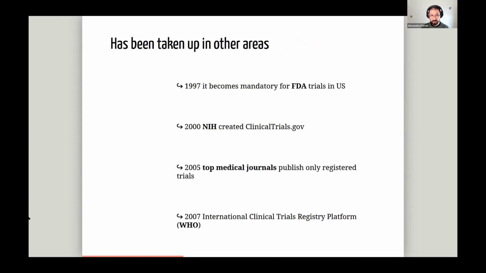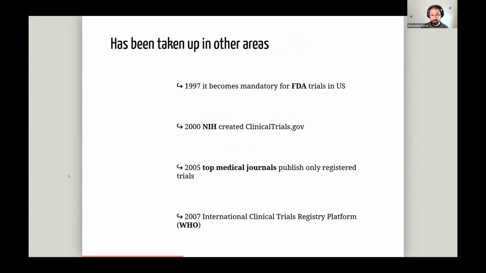And again, there's a clear trend in this direction, starting from health and then slowly moving into the social sciences as well. In 1997, the Food and Drug Administration in the US made pre-registration mandatory for clinical trials. In 2000, a website for pre-registration was developed, clinicaltrials.gov.